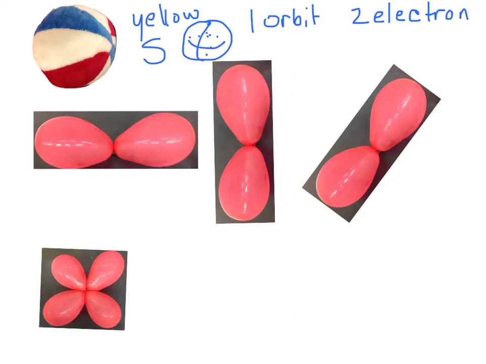The red area, the color group that we colored red, is known as the P subshell. And it has 3 different shapes that it can be in. It can be in the PX, which is along the x-axis. It can be in the PY, which is the same shape along the y-axis.